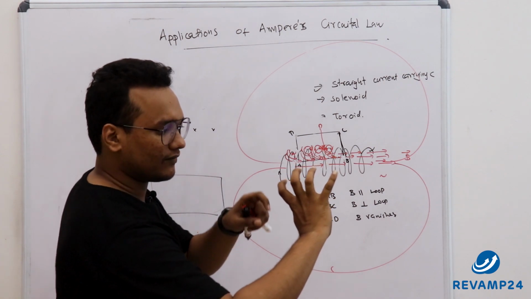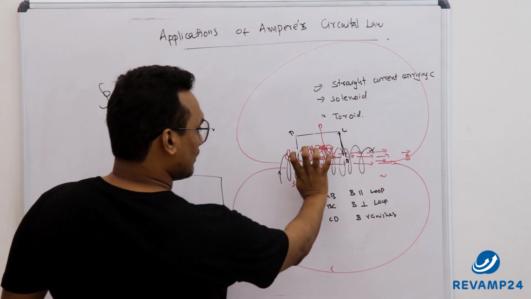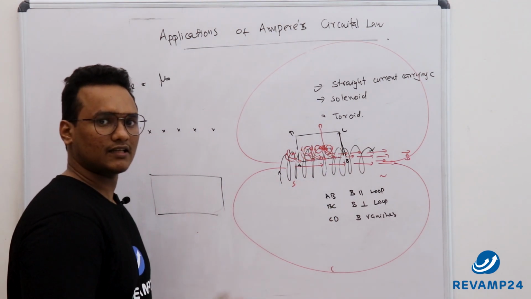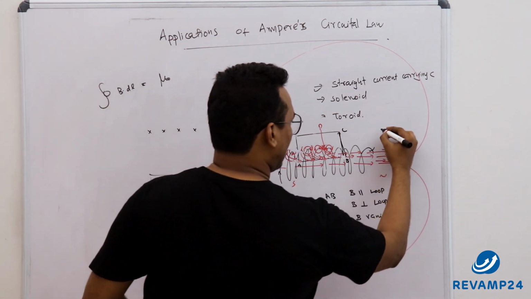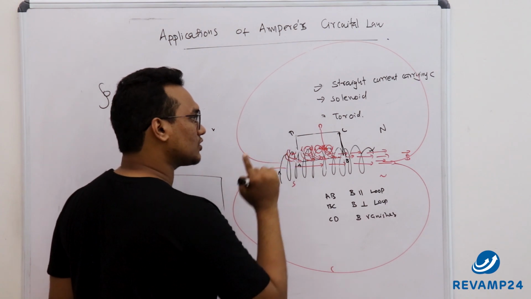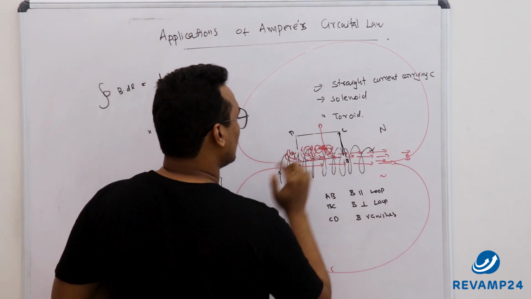So many. Let's say these are 3 coils from the solenoid. So I passes, I passes, I passes, I passes. How many I's are there? 4 I's. So if N is the total number of coils and the current through each coil is I, then a total current of N I passes through everything.